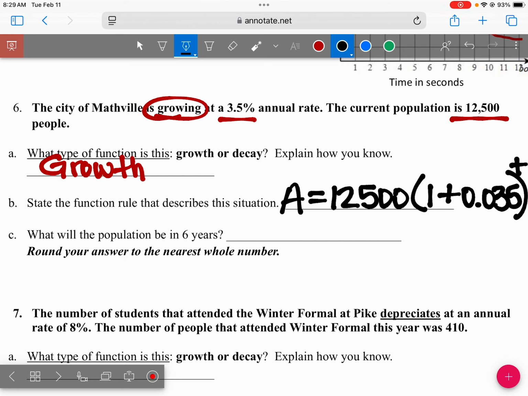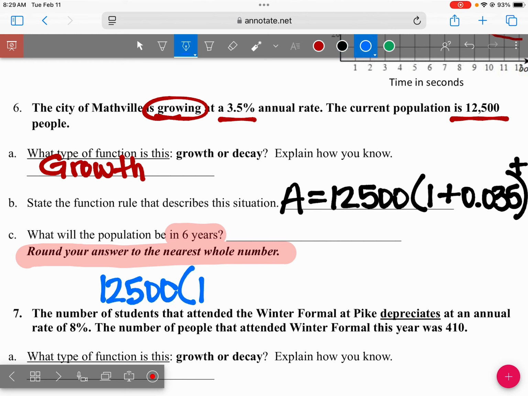Now for part C, and the reason why a lot of people lost points on the skills check is it says round to the whole number. So when you type this in your calculator, we do not want a decimal. So go ahead and type this in your calculator and give me the answer without the decimal.